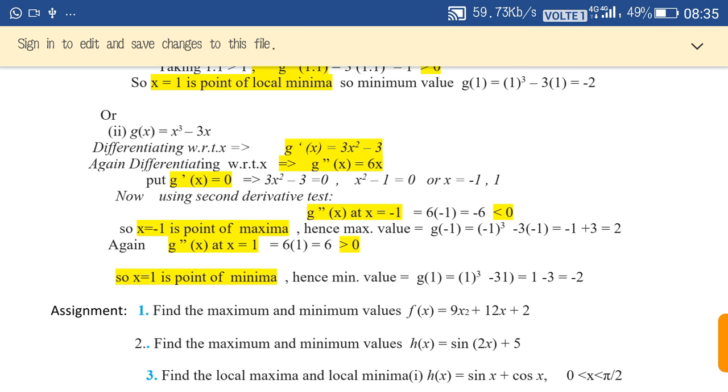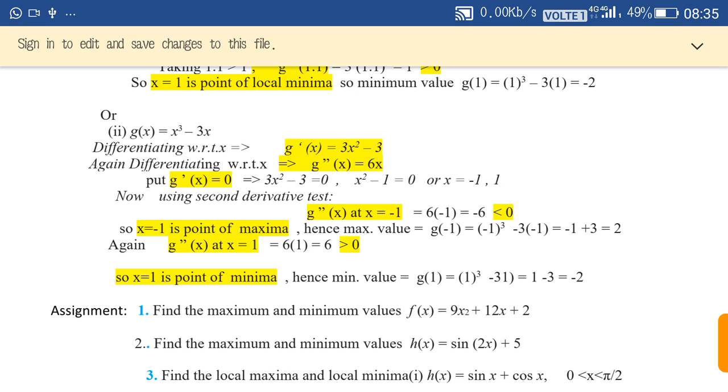Again we have another critical point, x is equal to 1, so we have to find the second derivative at x is equal to 1. So it will be 6 into 1, that is 6, it is positive, and the second derivative test gives positive, that means the point at which it is positive is the point of minima.